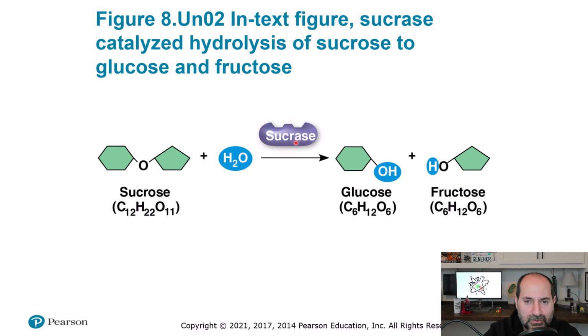Remember, enzymes usually end in ACE or ASE, such as sucrase or peroxidase, right? And these enzymes, they have specific substrates such as sucrose, which they bind and they catalyze a reaction.